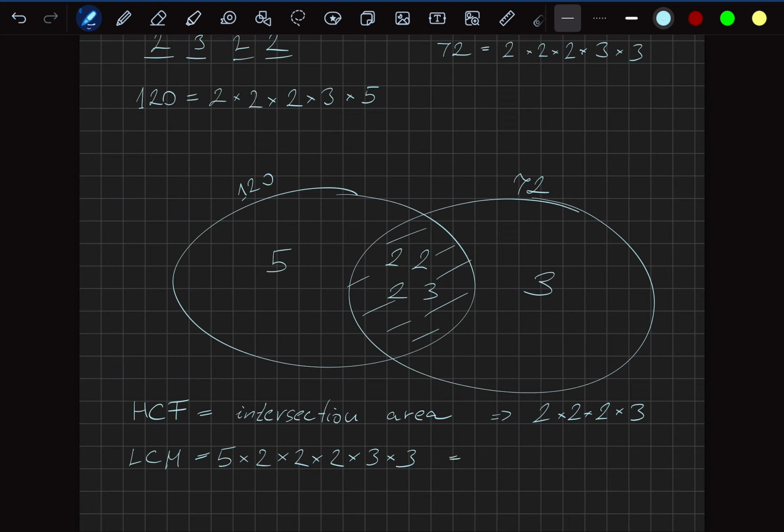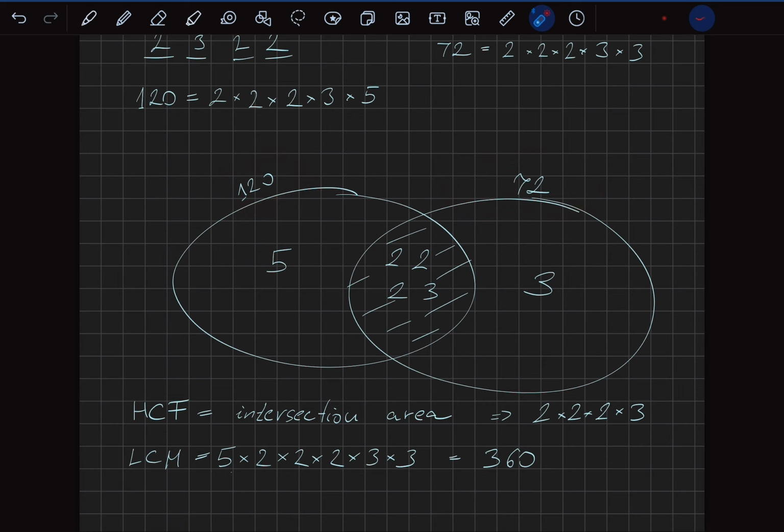If we multiply these numbers, 5 times 2 is 10, 20, 40, 120, and 120 times 3 is 360. So 360 is the first number that I can divide by the 120 and the 72.